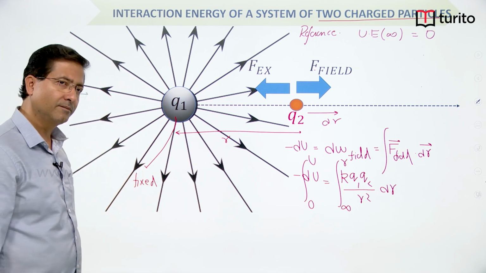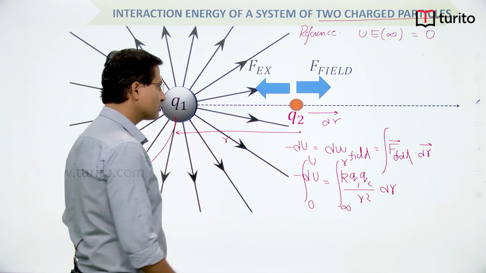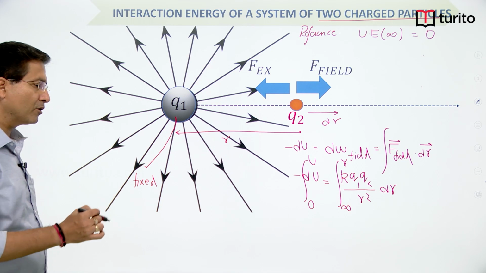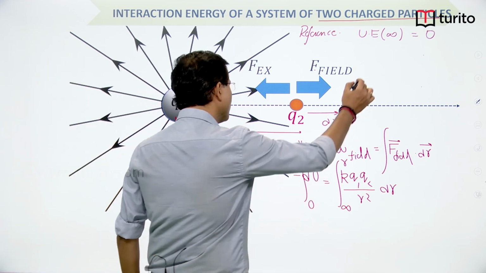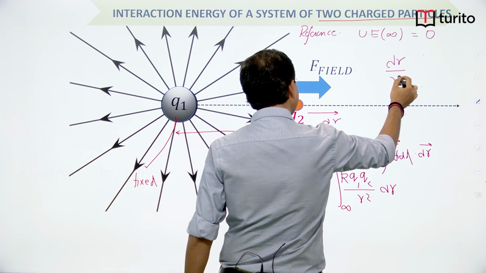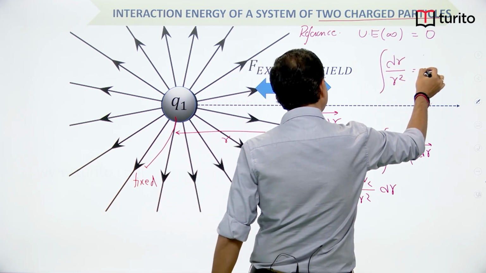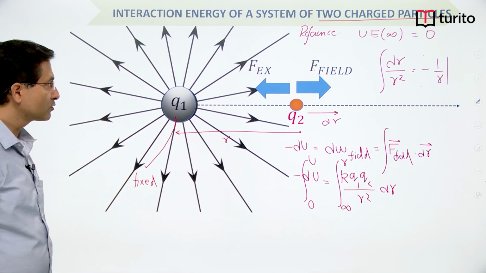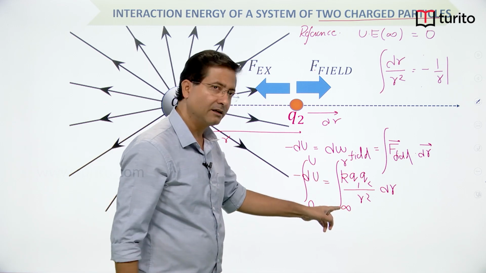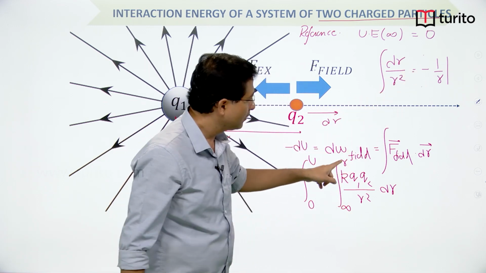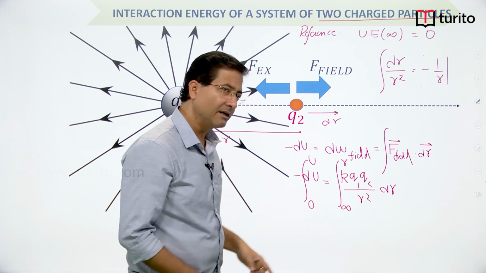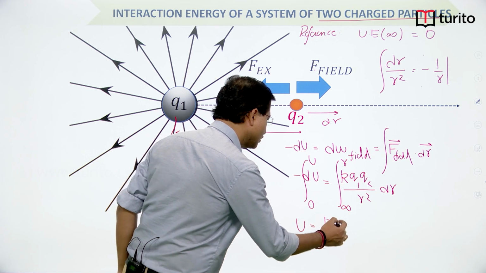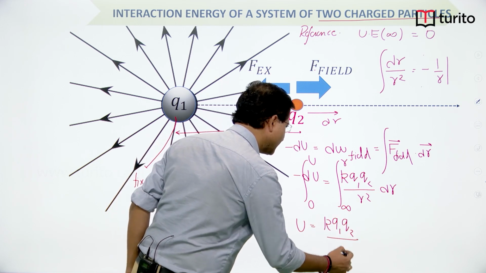If I integrate this term, 1 upon r square integrates to minus 1 upon r, with limits r to infinity. So, 1 upon r with minus sign, using upper limit and lower limit and simplifying, you will get U equal to k q1 q2 divided by r.